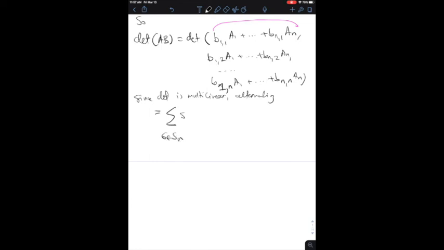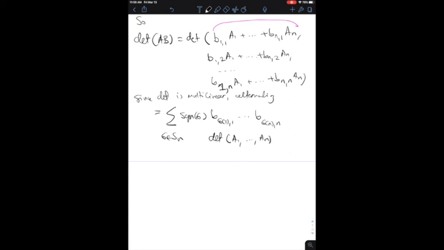So we can write this, since determinant is multilinear and alternating, as the sum over all permutations sigma of the coefficients permuted, B_{sigma(1),1} up to B_{sigma(n),n}, times the determinant of A1 up to An.